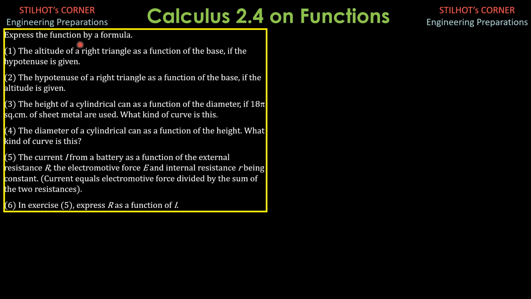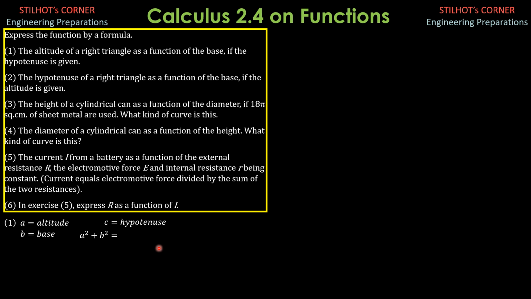So for part A, by Pythagoras theorem, altitude square plus base square equals hypotenuse square. So the hypotenuse is given. A is denoted as the altitude, small b is the base, and h as the hypotenuse, c is the hypotenuse rather. And the relationship a square plus b square equals c square.